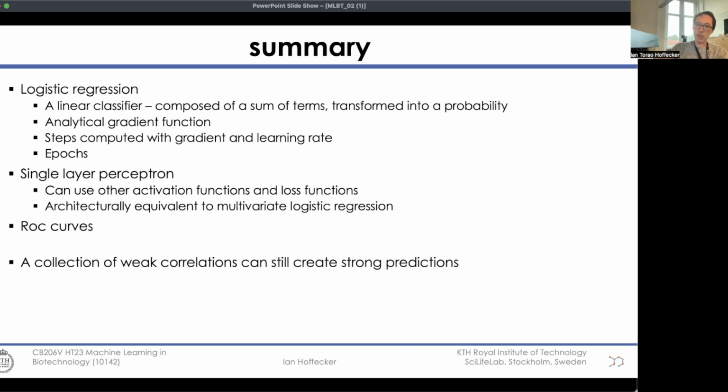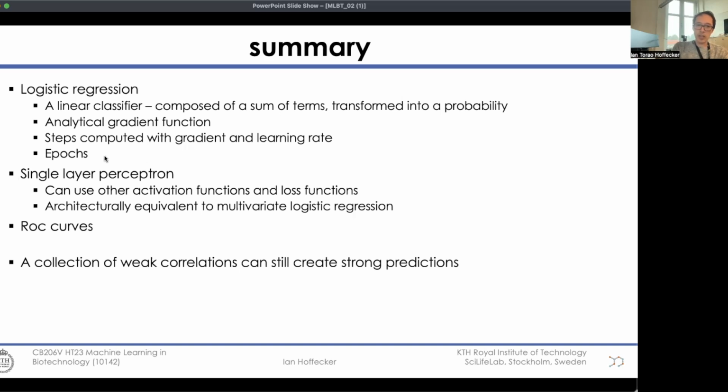So giving us a probability of what binary class it's falling into. And we were then looking at the gradient function. So we had an analytical expression for the gradient that we could then use to perform the parameter fitting steps. And we played with the idea of learning rate annealing and looked at what an update would look like in the context of an epoch, a training epoch.